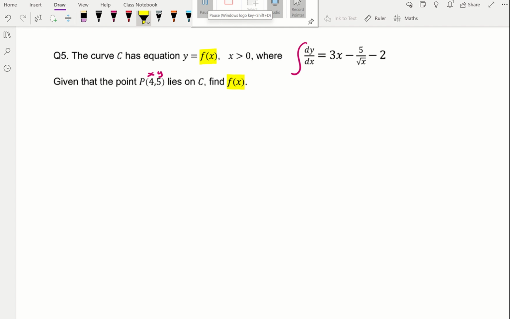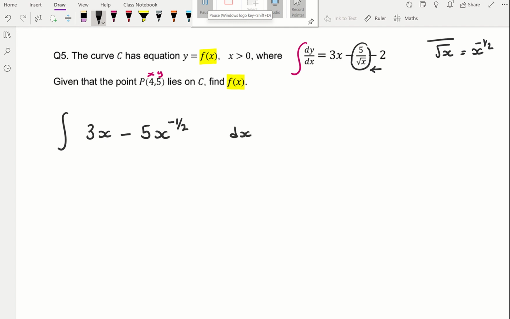So I'm going to expand, but before I do, I need to turn this into exponent form. Root x means x to the power of half, but because root x is in the denominator, this is x to the power of negative a half. So I'm going to integrate 3x minus 5x to the power of negative a half. This is of course an invisible power of 1.